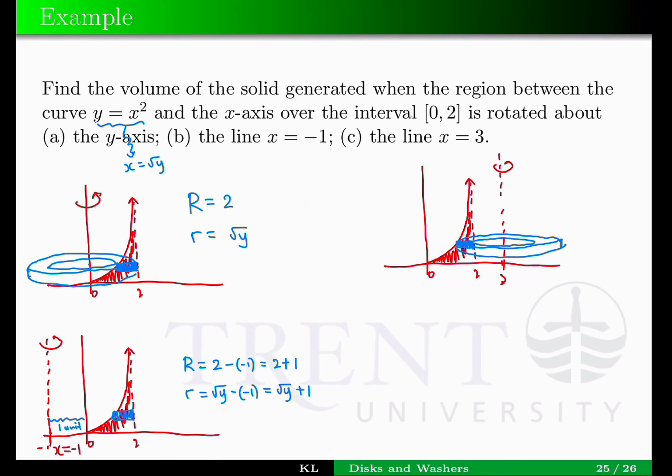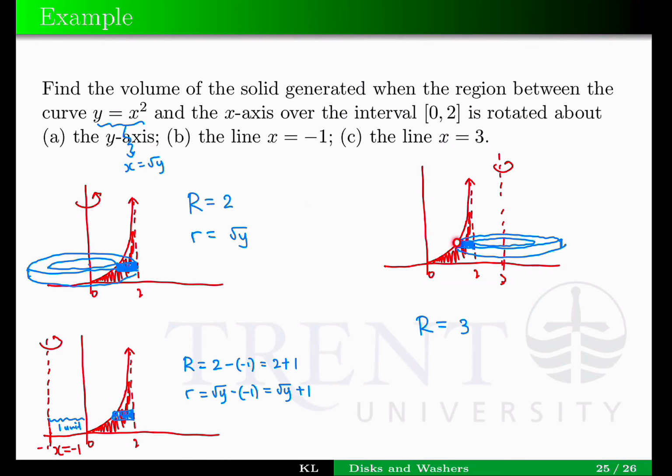But what is the bigger radius? The bigger radius is from this point going to this function. The bigger radius will be r equals. This is 3, but 3 is from this point going to the y-axis. So that's equal to 3.